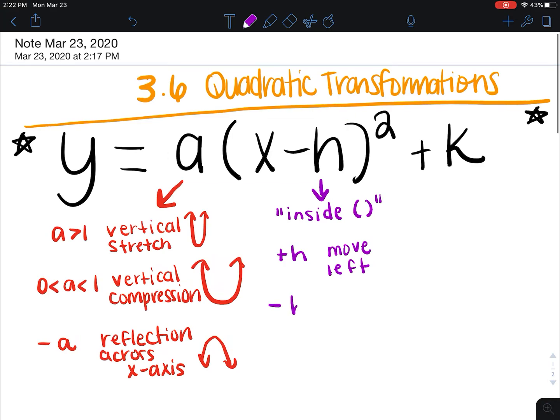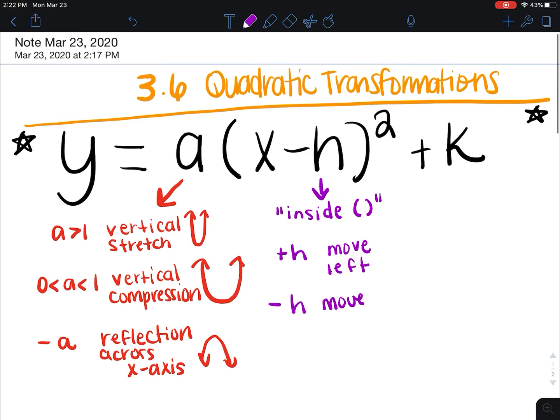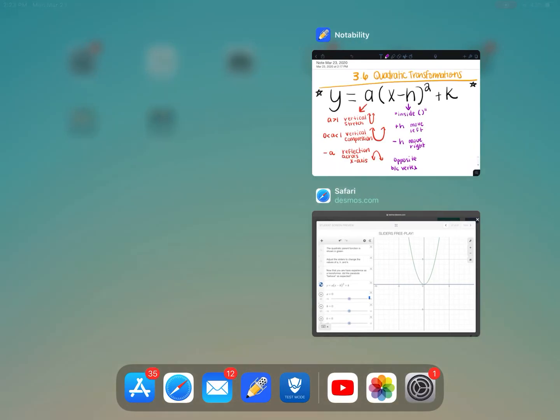And if we are a negative H value, we are going to move to the right. So these are opposite of what you think. When I think of left, I'm thinking negative. But these are opposite because of the vertex. That's why they're opposite. So the inside number is backwards. So if it's negative, it moves to the right. And if it's positive, it moves to the left.